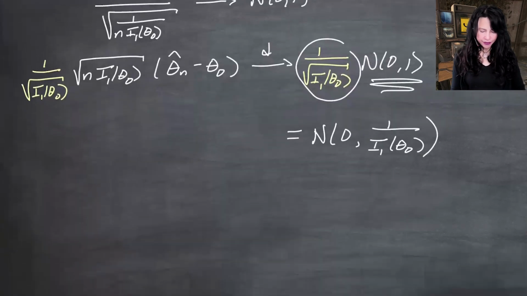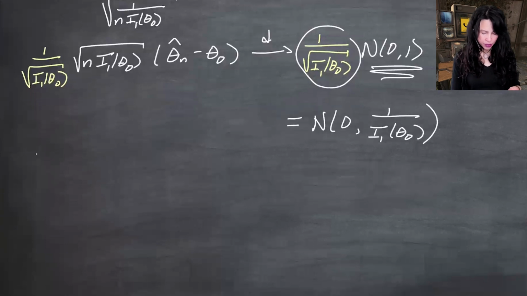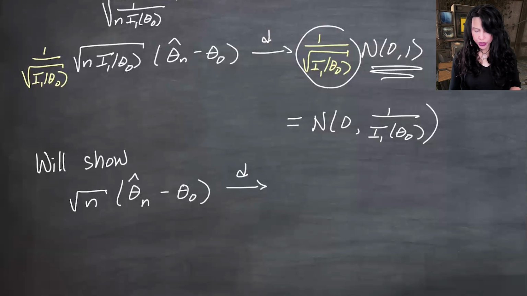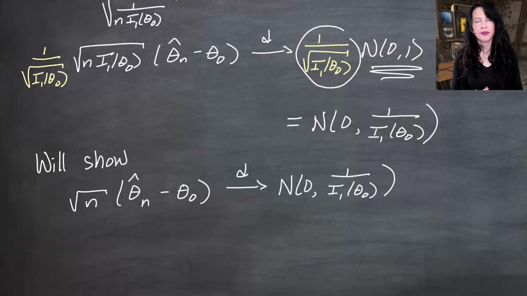So just to sum that all up, we're going to show that the square root of n times the MLE minus the parameter that generated the data is converging in distribution to a random variable that has this normal distribution. You might give that random variable a name, like z, although that would maybe look like a standard normal, and this is not quite a standard normal. So this is what we're out to show now.